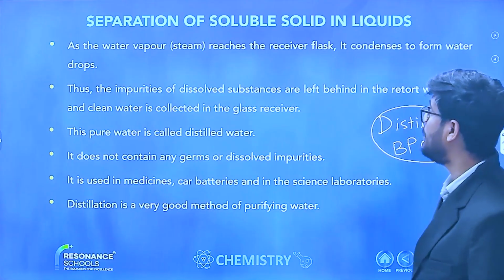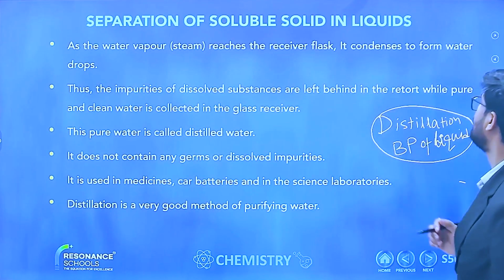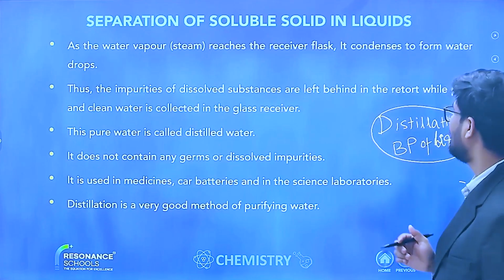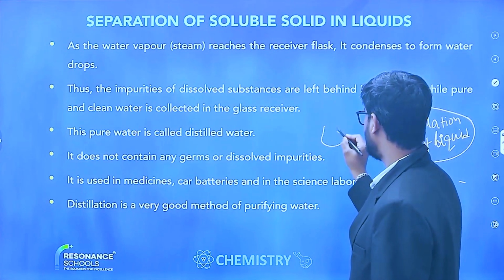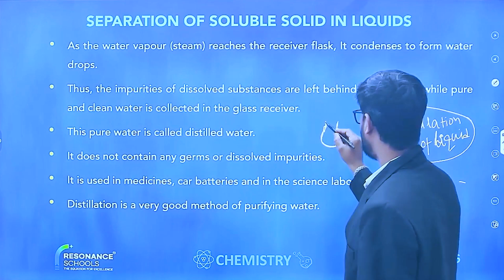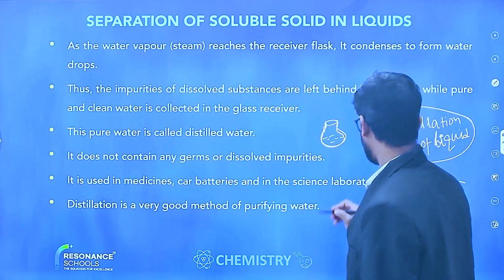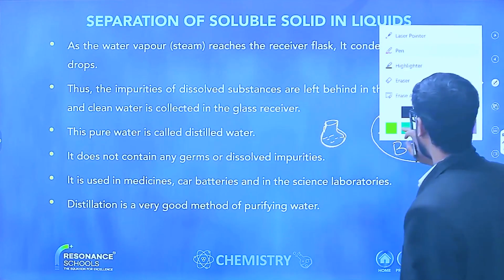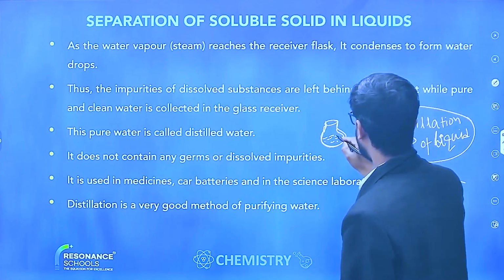As the water vapor reaches the receiver flask, it condenses to form water drops. Again the same story: for example, here this is your container, and here you have water and a lot of salts.